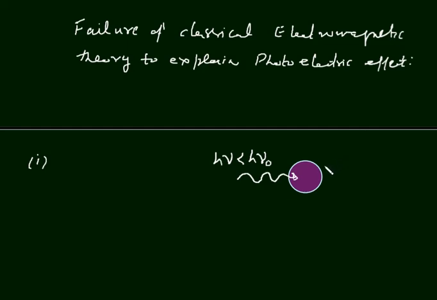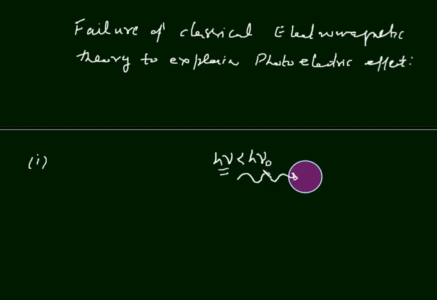But the classical theory says that although the energy is less than the required, no doubt, this metallic surface will go on absorbing this energy h nu, and as this process continues, the level of energy will increase within this metal, and it may reach h nu naught.